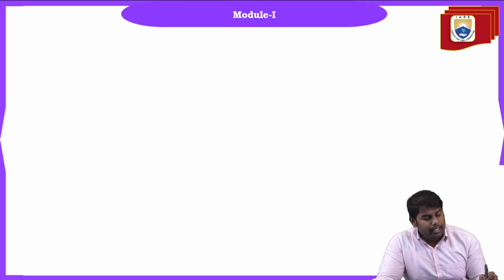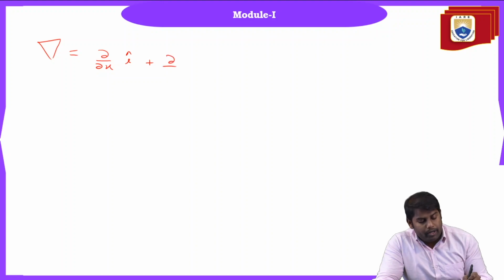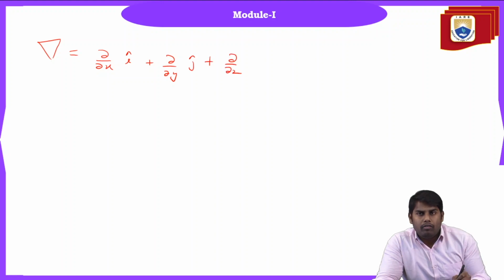So basically we see the gradient operator. This gradient operator del is dou by dou x of i cap plus dou by dou y of j cap plus dou by dou z of k cap. Fine.